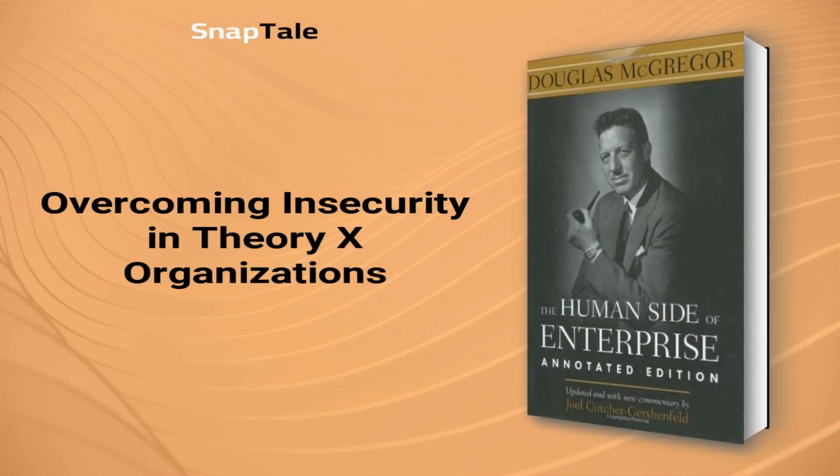Overcoming insecurity in Theory X organizations. In Theory X organizations, an atmosphere of insecurity prevents workers from excelling, as they are reluctant to take risks and fear management's disapproval. To foster innovation, employees must feel safe, respected, and valued.